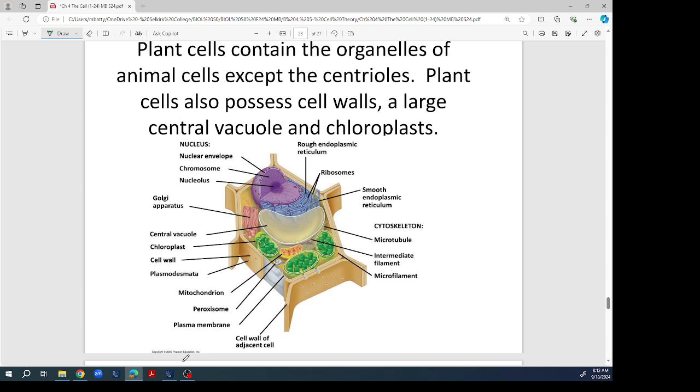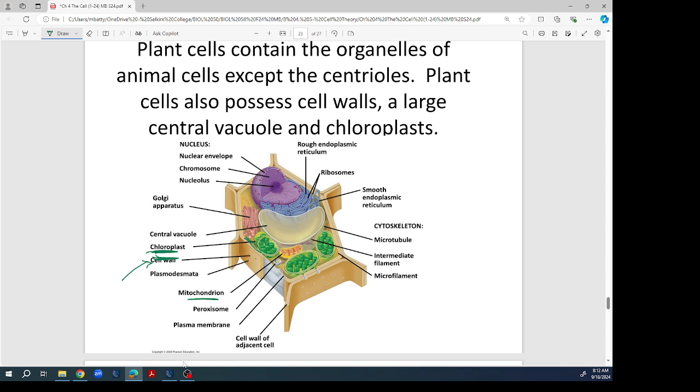And also when we get to chapter 7, we'll talk more about those photosynthesizing things, those chloroplasts. The other thing to mention, because we will look at some plant cells in the lab, they have a cell wall and then a plasma membrane inside of that cell wall. So they have both. They still have mitochondria. Plant cells still undergo cellular respiration, but they get both cellular respiration and photosynthesis.